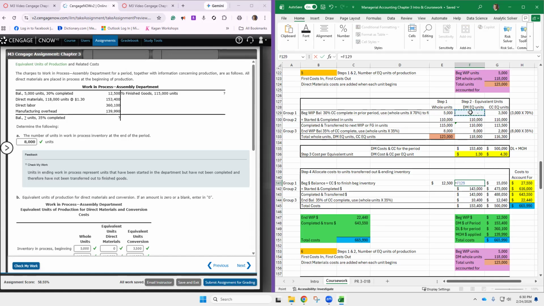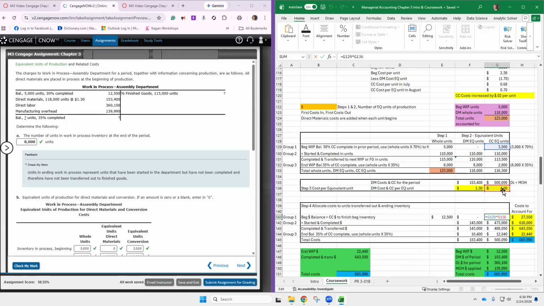Oh, beginning balance times the $1.30 is going to give you 0. So that's why you've checked it. Okay. Then in group 1, we have 3,500 units times the cost per equivalent unit of 430. And that equals, when you multiply them together. Okay, then when you add across, here's your beginning balance.